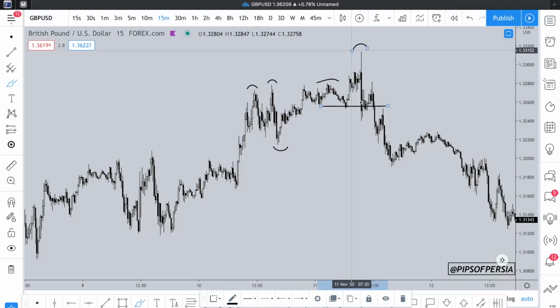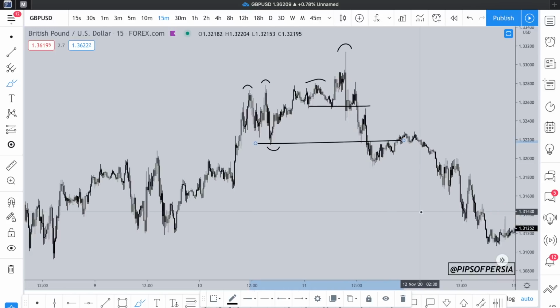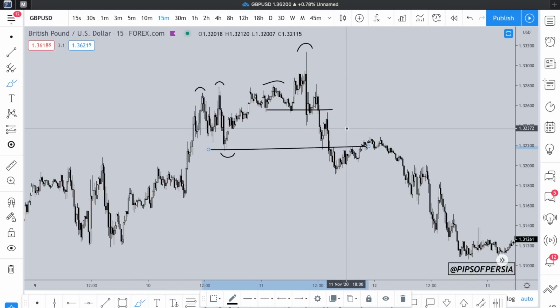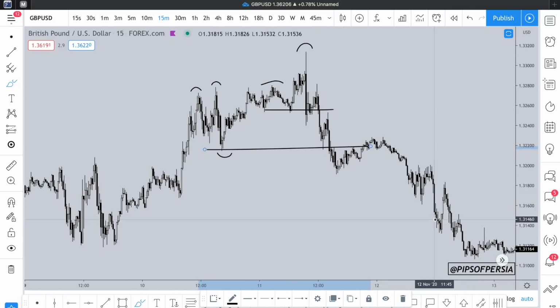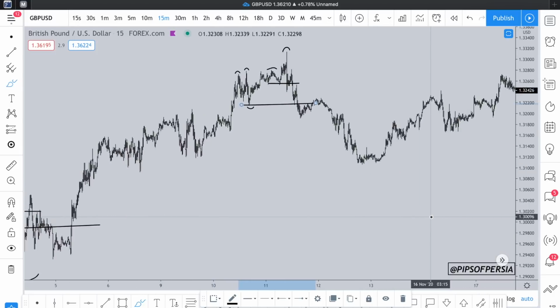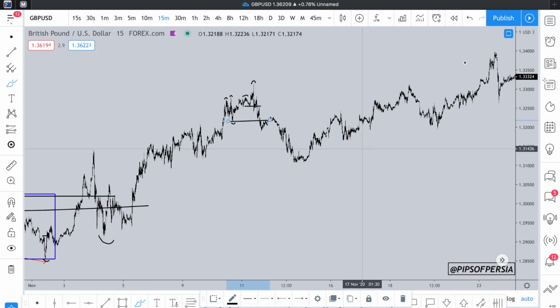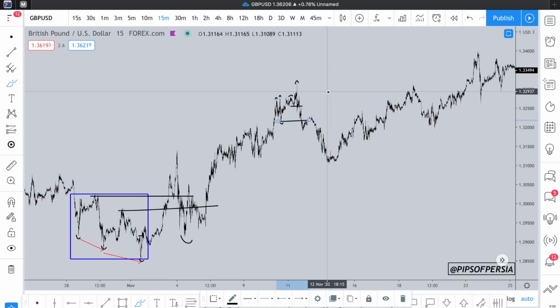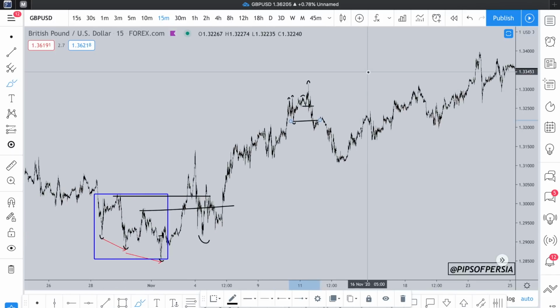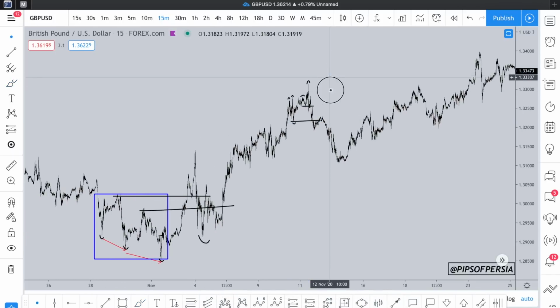Breaks of the minor structure points to the upside and more major breaks of structure to the downside. And then you'd be able to capitalize off of this shorter move to the downside. You might say, hang on a second, Mehdi, this still reversed and ended up going higher. This is where I'm going to remind you of the previous videos in regards to Wyckoff and what we have spoken about. This is just an example of a minor distribution.